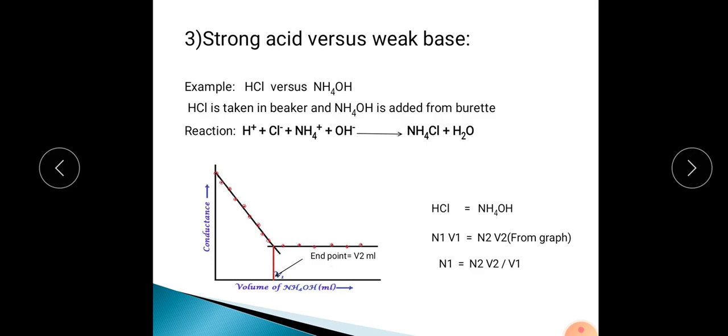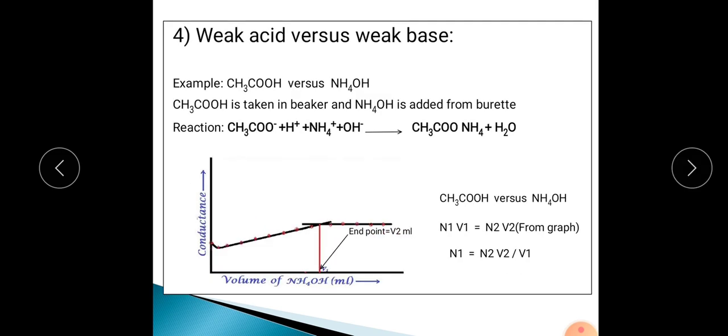Third, strong acid versus weak base, HCl versus NH4OH, where the graph shows a sharp decrease of conductance up to the end point, and after the end point it either remains the same or decreases gradually. And in the case of weak acid versus weak base, for example acetic acid versus ammonium hydroxide, the graph shows a sharp increase up to the end point, and a gradual increase or almost the same after the end point.